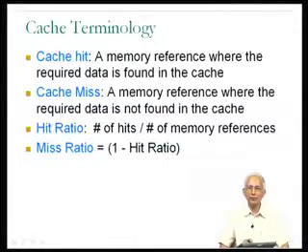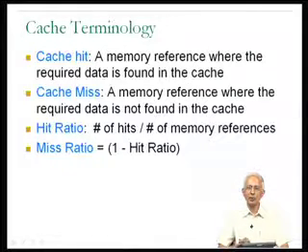Okay, now we could quantify how successful a cache is in satisfying the requirements of a program in terms of memory references by a measure called the hit ratio. And the hit ratio is computed as the number of cache hits divided by the total number of memory references.